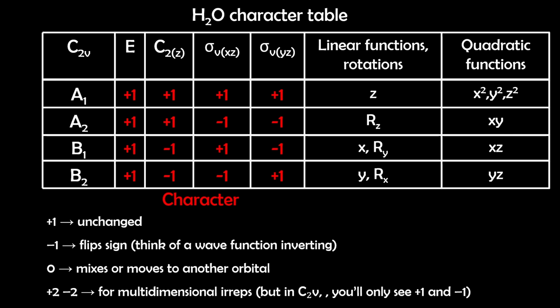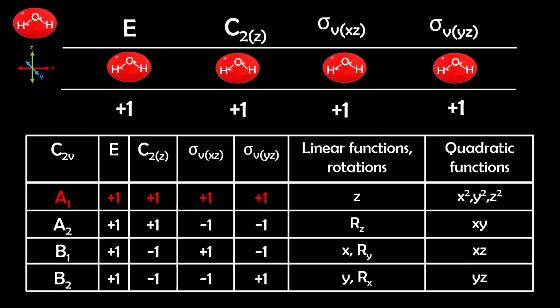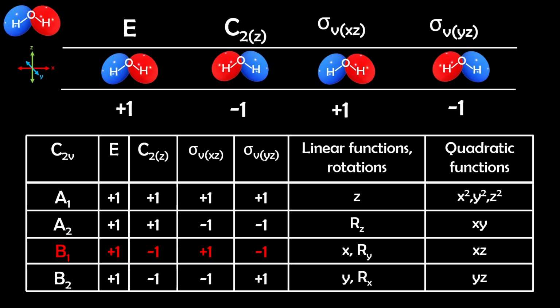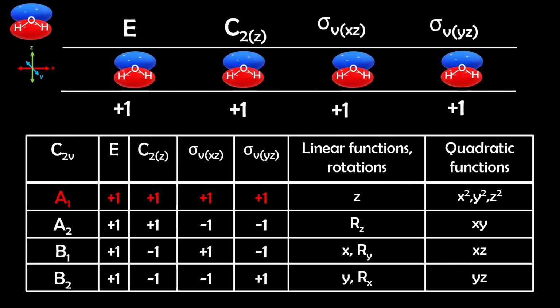So going back to H2O, let's see what irreps these molecular orbitals belong to. For this one, it stays unchanged, so we have A1. For this one, it flips under C2 rotation or sigma YZ reflection, so we have B1. For this one, it stays unchanged, so we have A1 again.